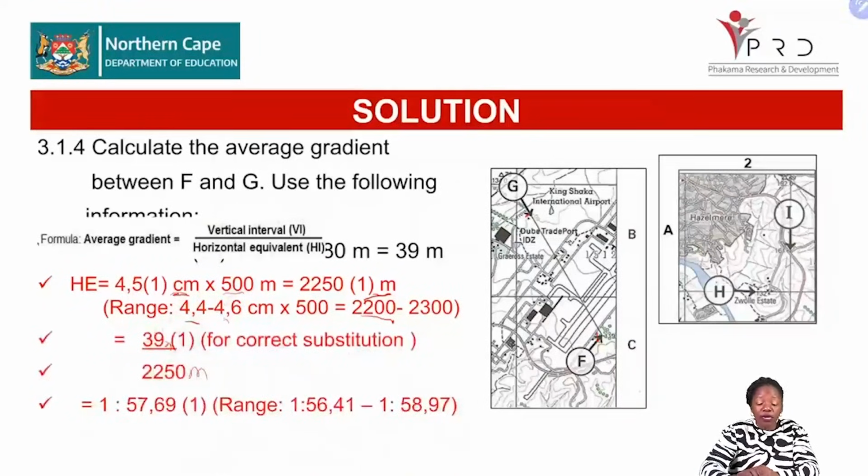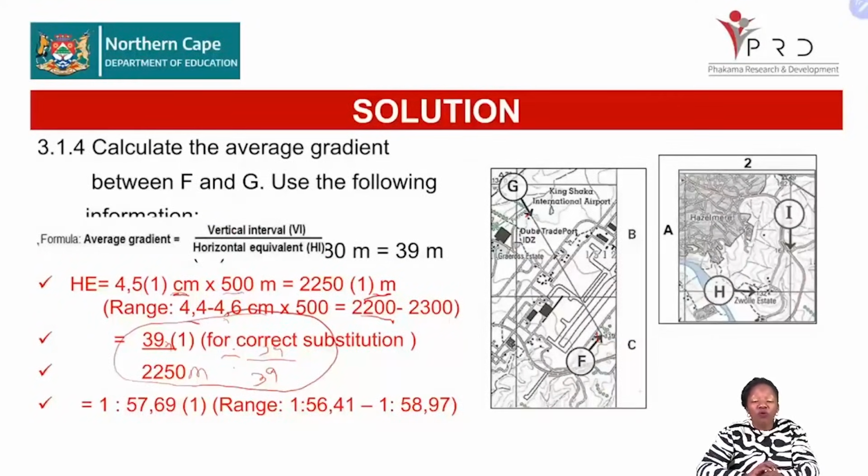Then you divide both sides by your vertical interval, which is your 39 over your 39. You don't put this in as a fraction in your calculator, because you're going to get an incorrect answer, but you do it manually. Your 39 divided by 39 will give you 1 over. Then 2,250 divided by 39 will give you 57,69.